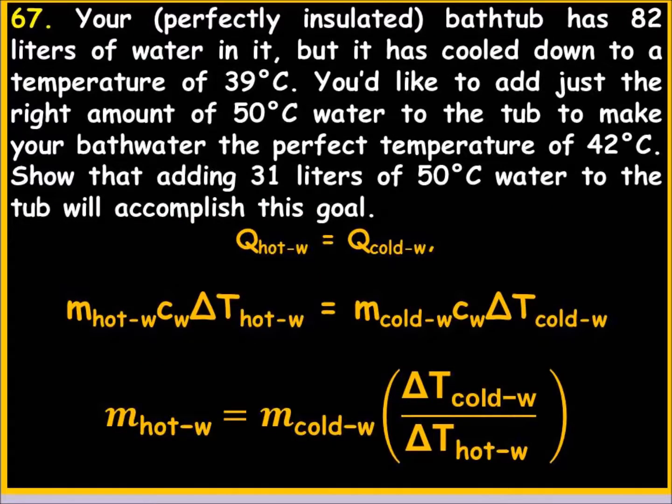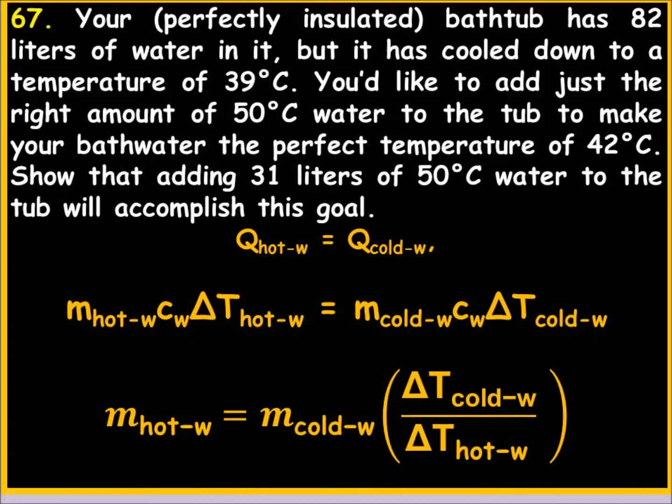Your perfectly insulated bathtub has 82 liters of water in it, but it has cooled down to a temperature of 39 degrees Celsius. You'd like to add just the right amount of 50 degrees Celsius water to the tub to make your bath water the perfect temperature of 42 degrees Celsius.